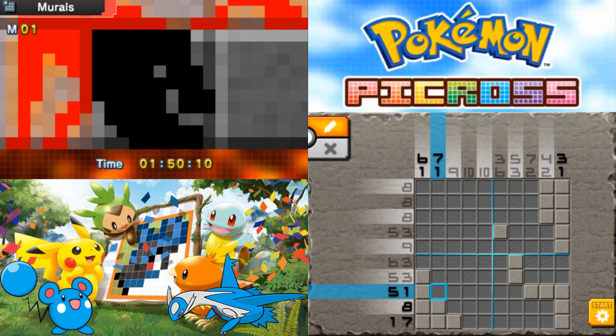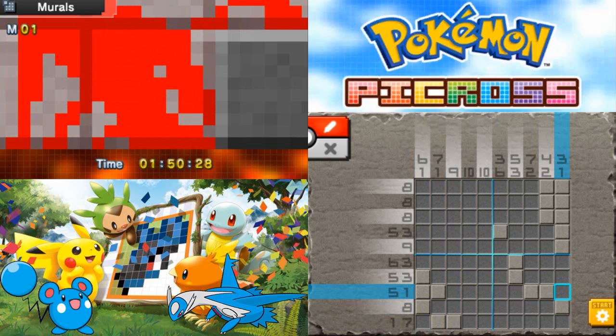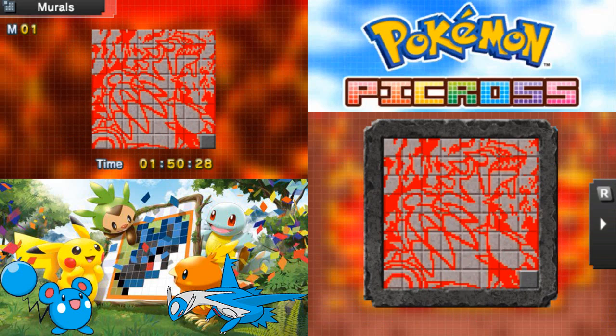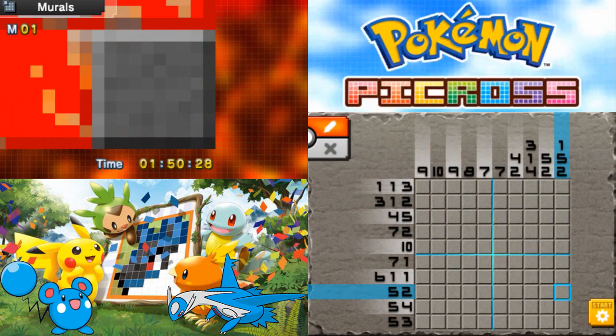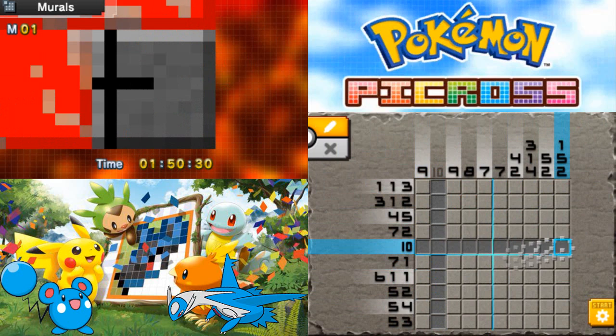So we have 7 and 1. There we go. I don't know why I just stopped counting there. Alright, so that gives us our final tile for this mural, and then we'll complete our first mural.